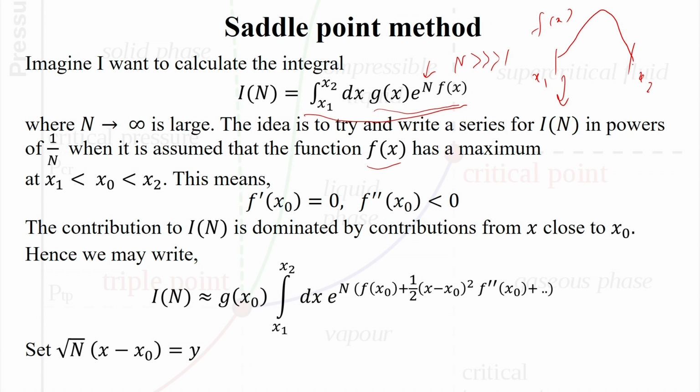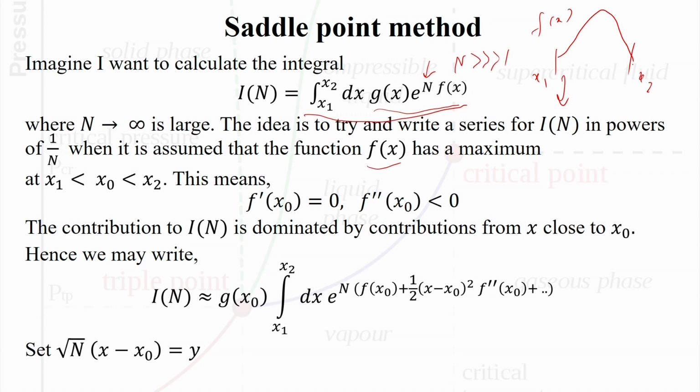So it's clear that the maximum contribution to this integration comes from regions where the integrand is very large. Because n itself is huge, the integrand is dominated by the regions where f of x goes through a maximum near the peak.